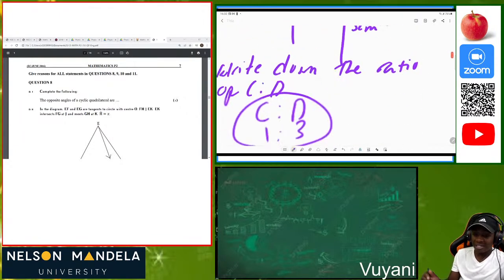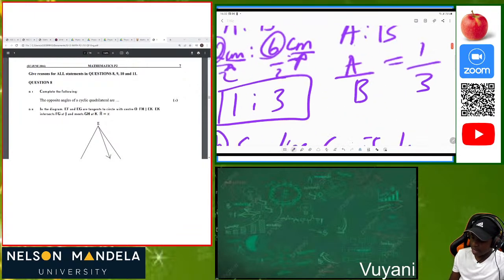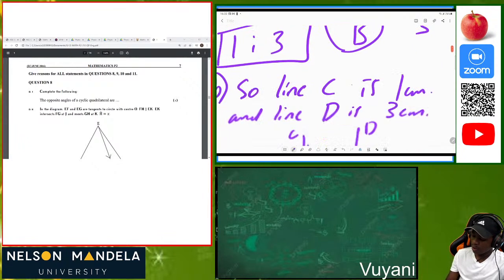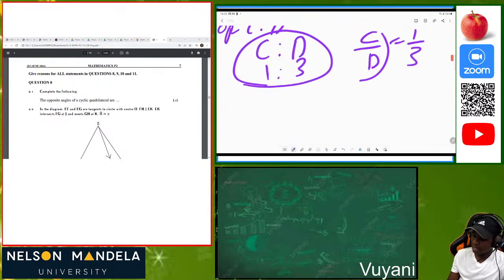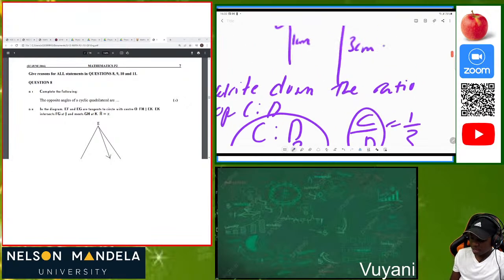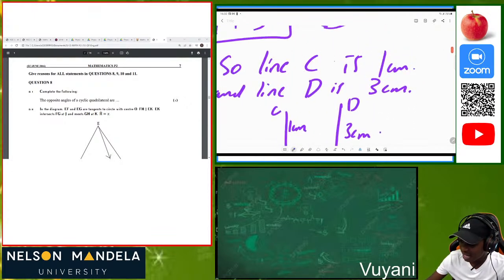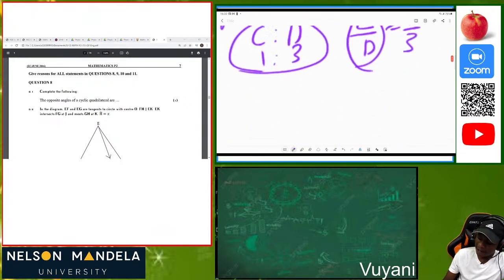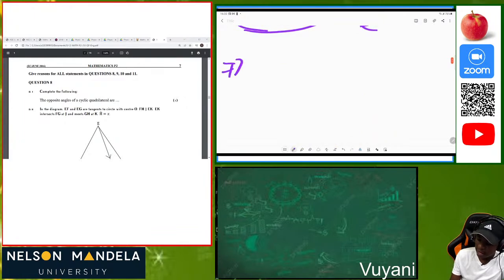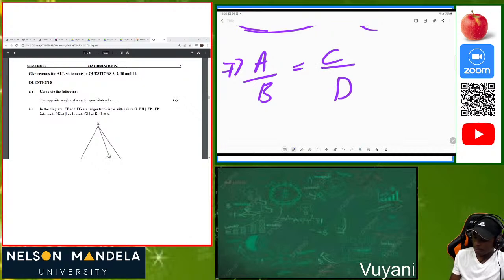Also, we know that we can write a ratio in the form of a fraction. Do you realize that A over B is equivalent to C over D? Since they are equivalent, A over B is the same as C over D, because both of them are equivalent to 1 over 3.